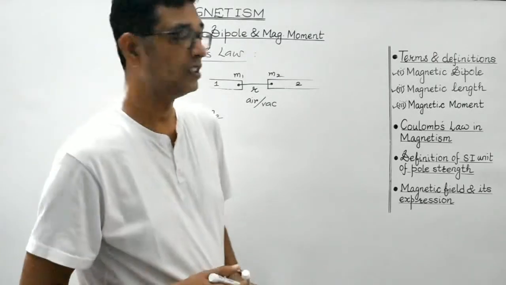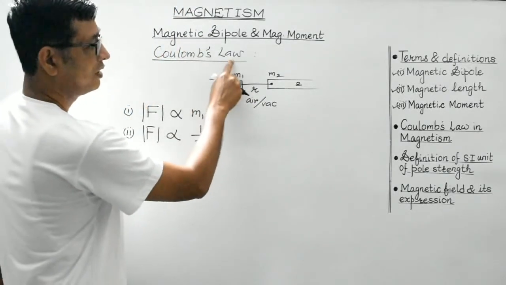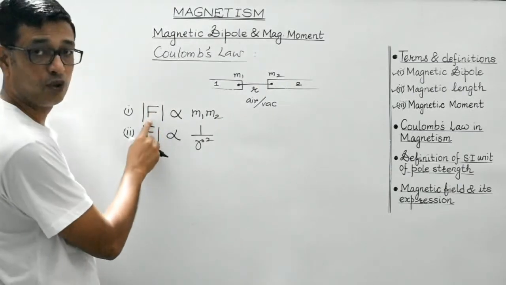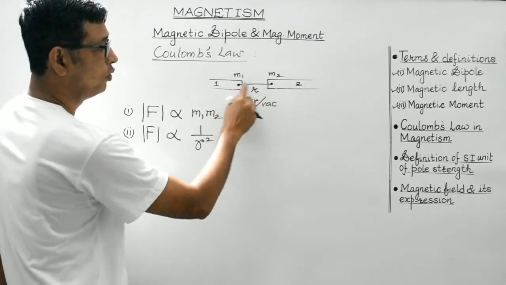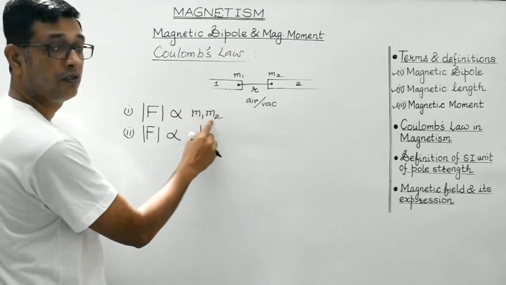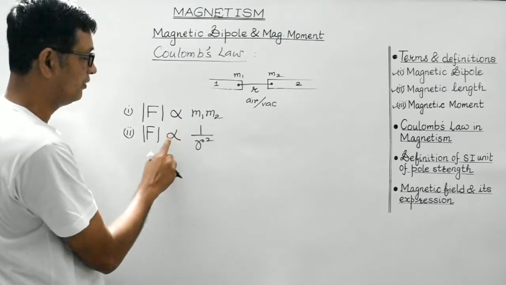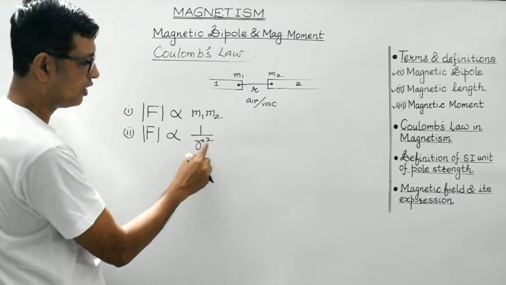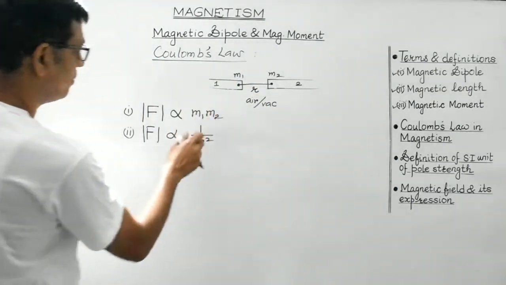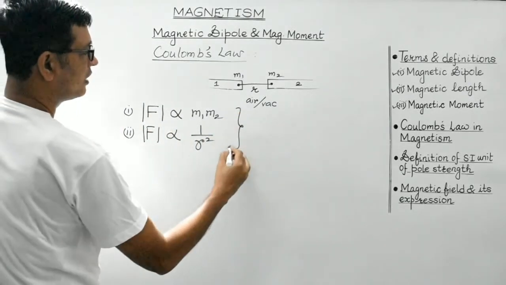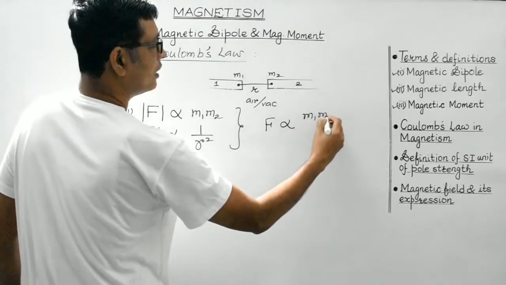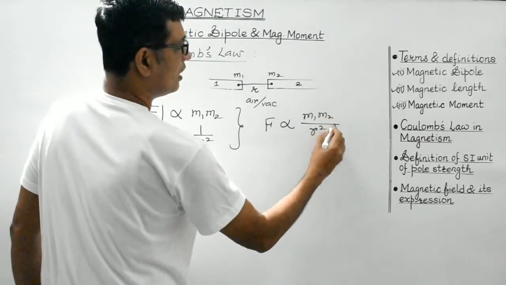So again I repeat, students, Coulomb's law in magnetism states that the magnetic force between the 2 poles is directly proportional to the product of the pole strengths and inversely proportional to the square of the distance between the 2 poles. Clear? So if we combine these 2, what we get is F is proportional to M1 M2 divided by r square.